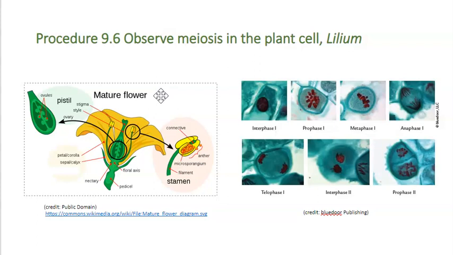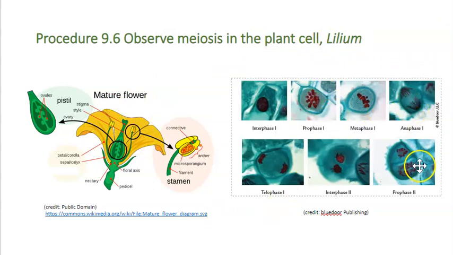And we can actually look at where those gametes are being developed using microscopy. We can stain those cells and look at what the cells look like at different phases during meiosis. I've put up some of these pictures here in regards to what the cells would look like in interphase 1, prophase 1, metaphase 1.